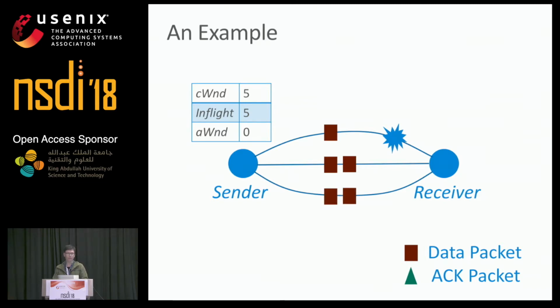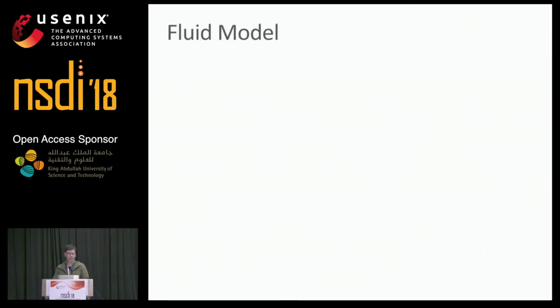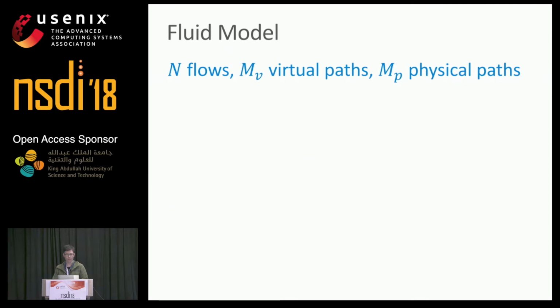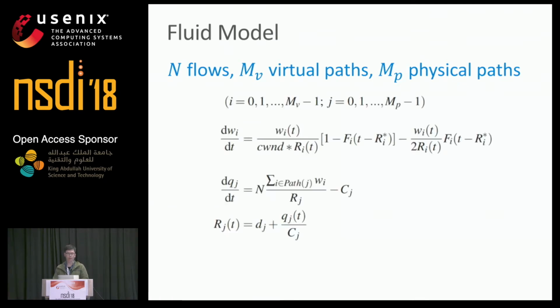So as we can see in this example, although we only use one congestion window, we can conduct congestion-aware traffic distribution to multiple paths. In this scenario, the traffic on the congested path will be reduced by half. Actually, we have established a fluid model to analyze this congestion algorithm, and I'm not going to explain all the details due to the time limitation.